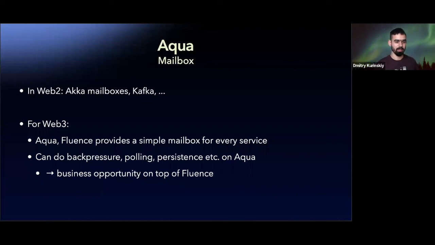And probably the generic solution for this problem of mailboxes, well, it looks like a business opportunity on top of Fluence, because this problem can be solved, and it can be solved once and for all, like it happened with Kafka. But the simple solution is already here with the service mailboxes.